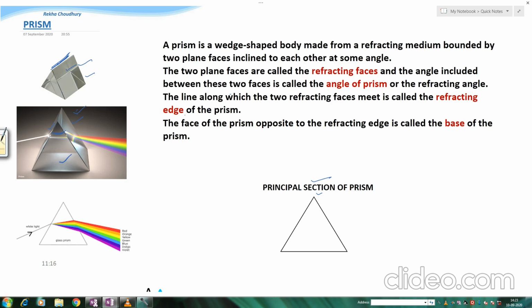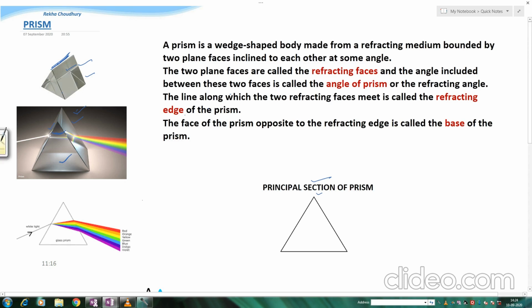So actually a prism is used for reflecting light, and even for refraction and polarization, but it is mostly known for its dispersive property: when white light passes through a prism, it splits into its 7 different colors.